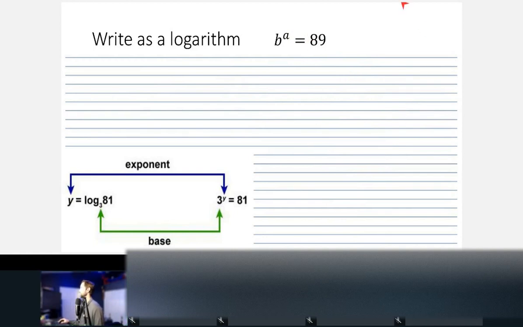And give me a green check when you finish. All right, everyone is done. That is here.